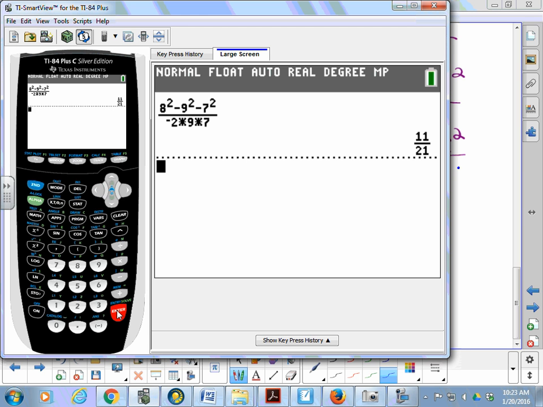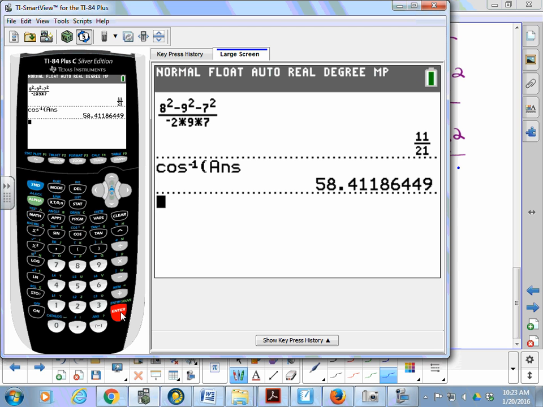So I get this fraction. Oh good, mine already gave it a fraction anyways. Then remember, I can use the last answer feature of my calculator. Second cosine of the answer, so second negative sign puts that last answer in there, and then we get 58.4 degrees.